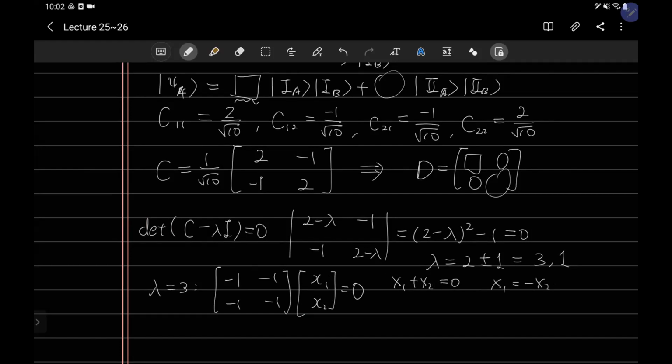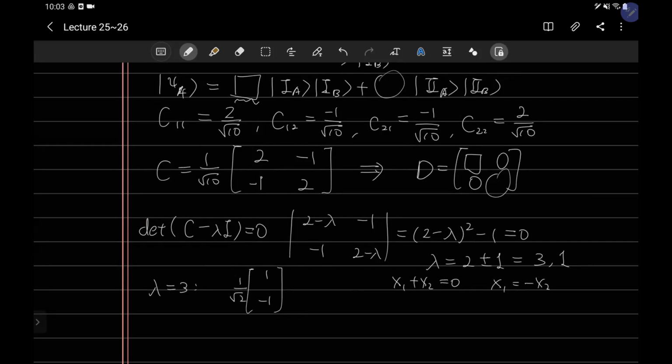With this relation, I can conclude that the first eigenvector should be 1 and minus 1, and with the proper normalization, it should look like this one.